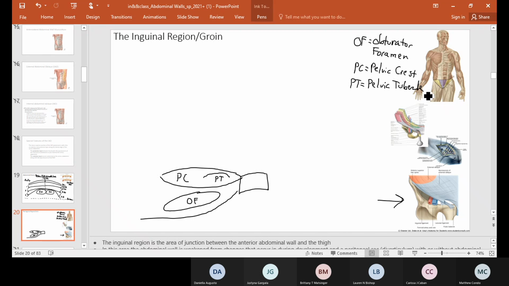The other big landmark we're going to see here is a landmark you guys are probably familiar with from tests and measures. We kind of already discussed it in here just a little bit. This is going to be my ASIS, that's my anterior superior iliac spine.